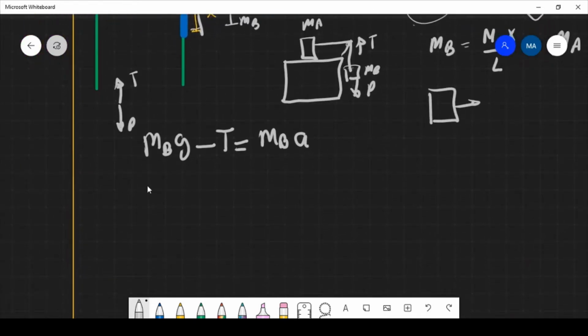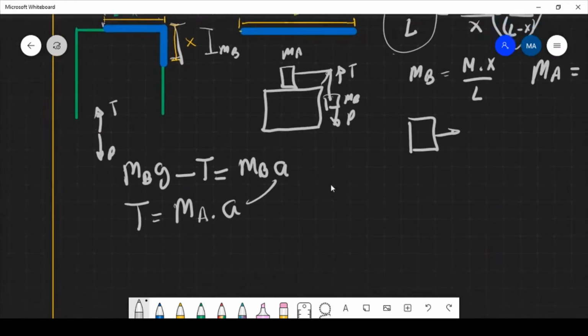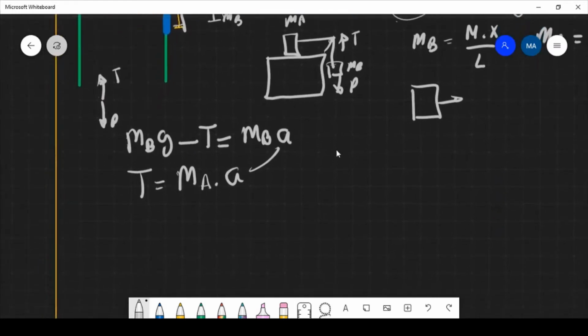So the tension is equal to the mass of block A multiplied by its acceleration. Notice both of these accelerations are the same, because this accelerates downwards and this accelerates here. If it wasn't the same, you would end up stretching this rope, and you can't stretch it.